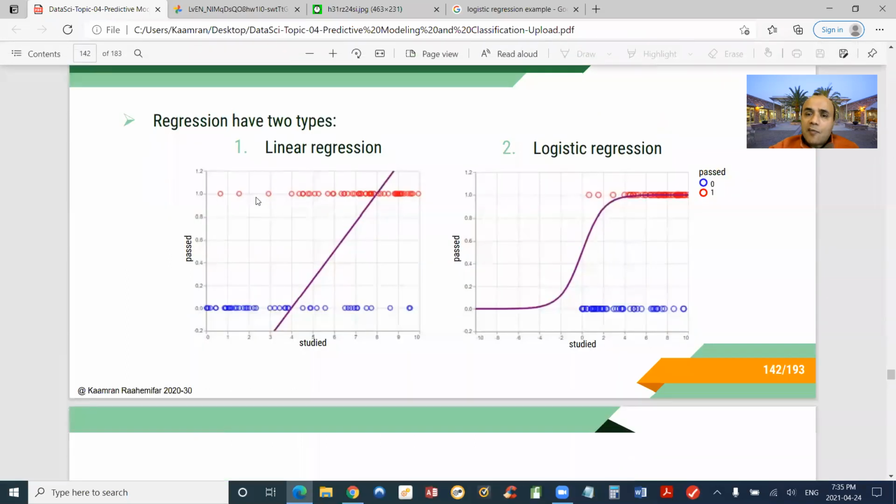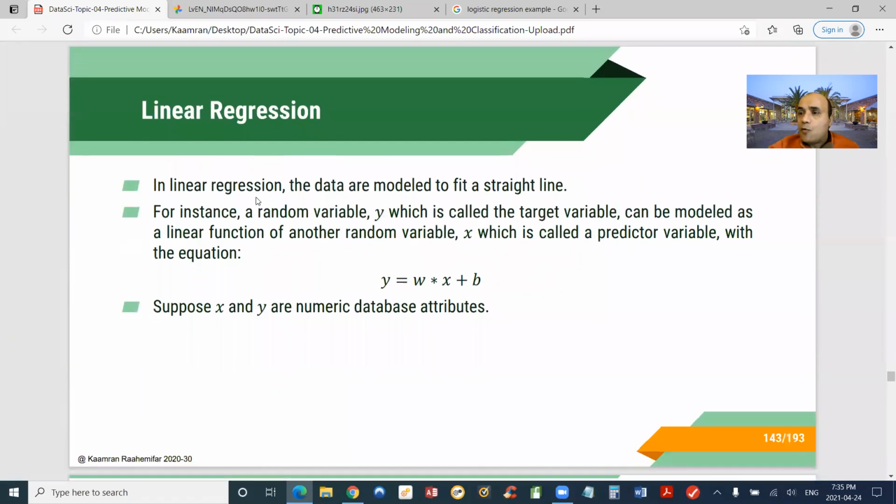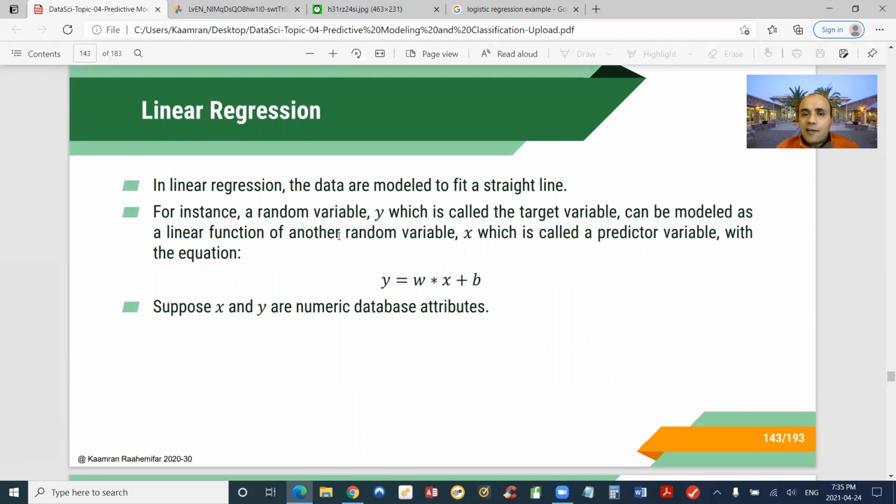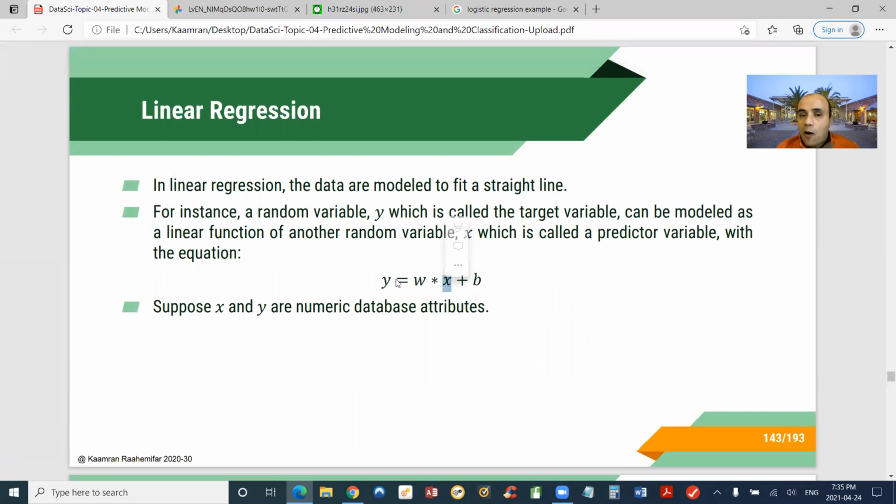So let's review this. Again, this is not something new. We have extensively discussed them in the past. In linear regression, the data are modeled to fit a straight line. For instance, the random variable called target variable, y, can be modeled as a linear function of another random variable, which is x in this case. It's going to be a starting point. If x is 0, your y is going to be b.